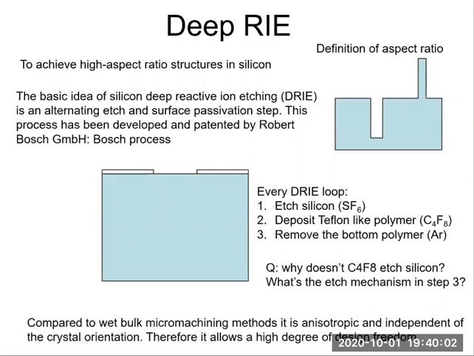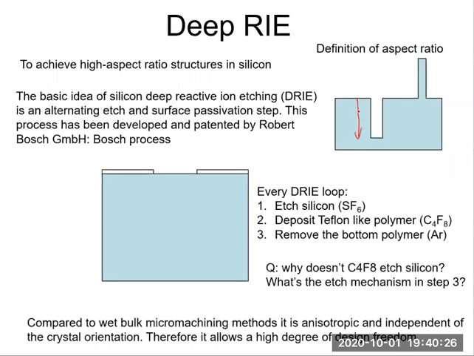Next, let me introduce deep RIE, deep reactive ion etching. This is the method to achieve high aspect ratio structures in silicon. So first, what is an aspect ratio? The definition is very simple.